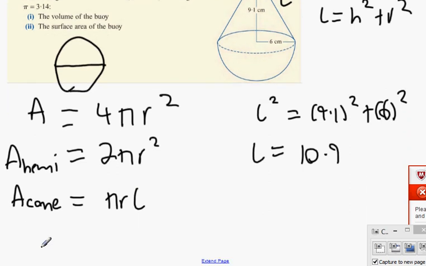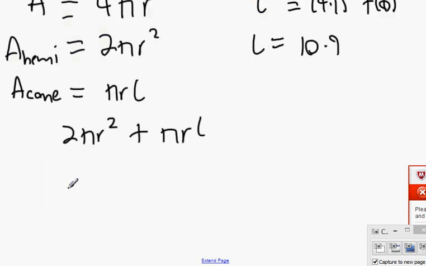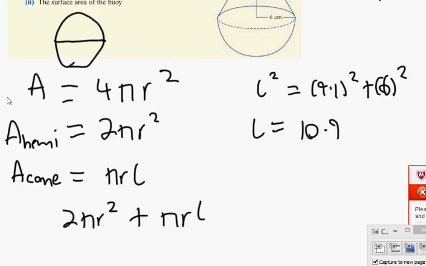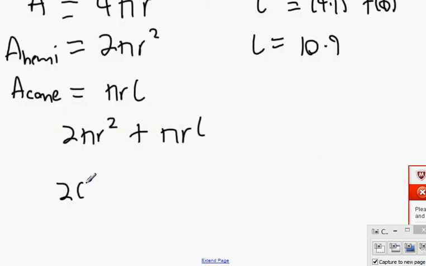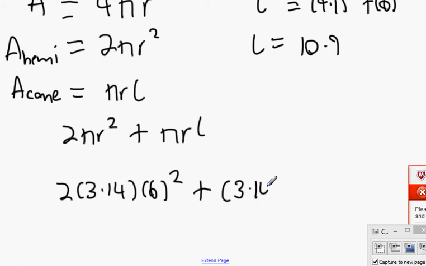Now that this is done, let's put these two answers together. We're looking for 2 pi r squared plus pi r L. So what we're going to get is 2 times 3.14, times the radius, 6 squared, plus 3.14 times 6, not 6 squared, just 6, times L, which is 10.9.